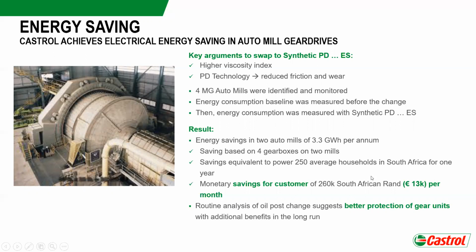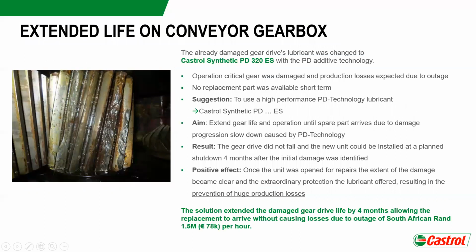On the next slide, another possible, more poignant example was in this already damaged gearbox where the replacement parts were not available in this conveyor gearbox. The customer in question switched to PDES in order to prolong the gearbox life as much as possible until the parts arrived.